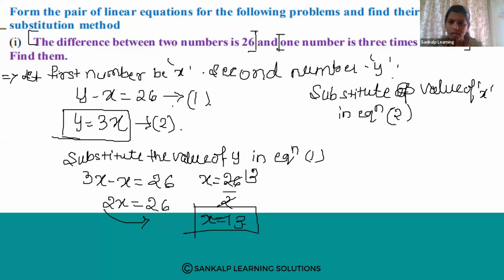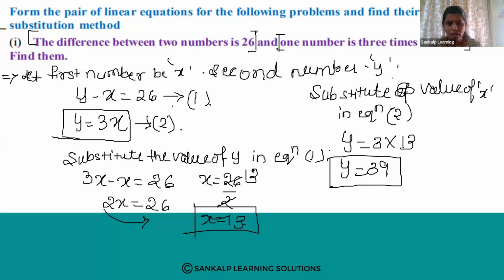What you will get? Equation number 2 is y is equal to 3 into x value is 13. Therefore, y is equal to 13 3s are 39. This is our final answer.